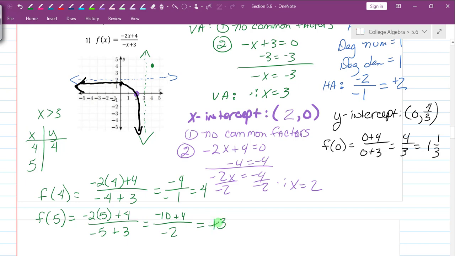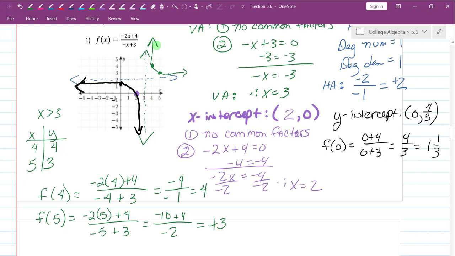So this is a 3. So I have the points (4, 4) and (5, 3), and it is right here. And so I know then that my shape is going to look like this. And that is how I graph that problem right there, problem number 1.